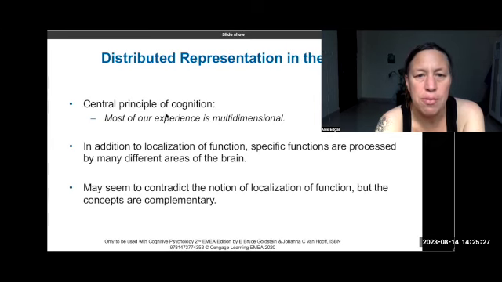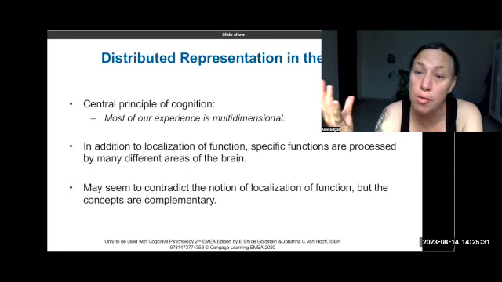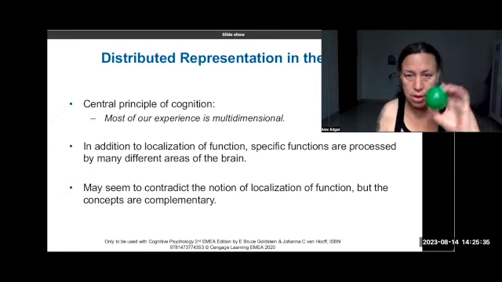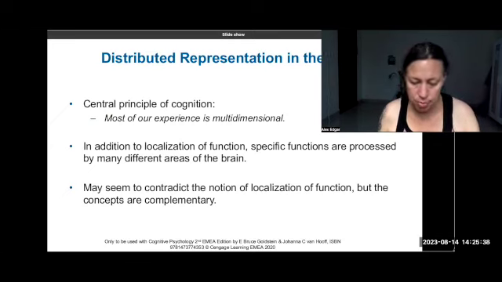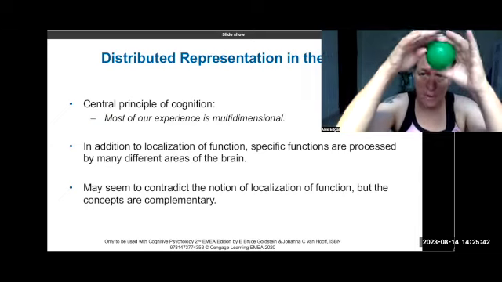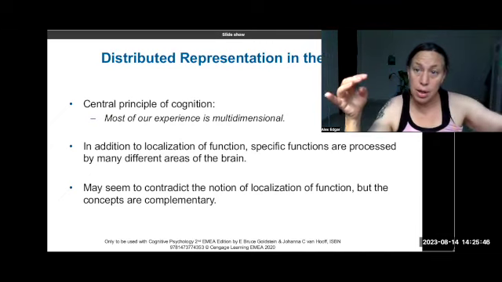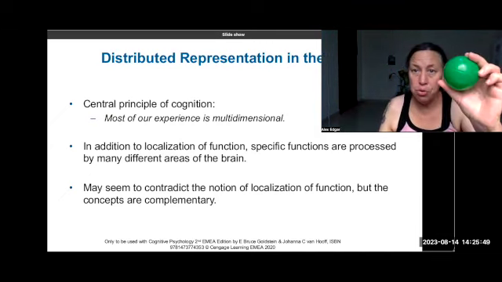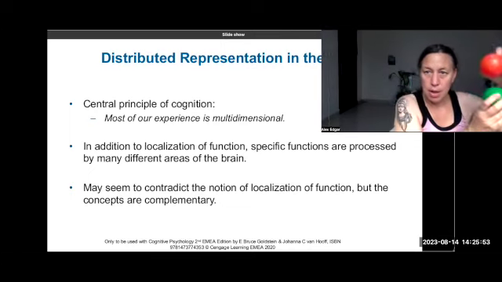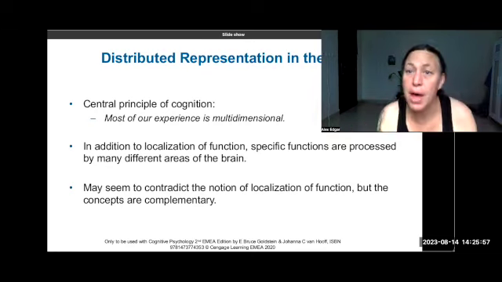Distributed representation in the brain. Now, most of our experience is multidimensional and uses bits of the brain from all over because remember, there's a specific part of the brain that's going to process green, and there's a specific part of the brain that's going to process round, and there's a specific part of the brain that will process solid, shiny, moving towards you, in conjunction with other objects in a particular shape or configuration, all of that.